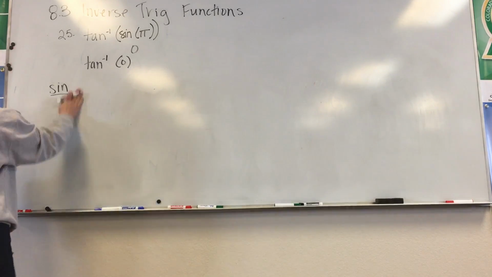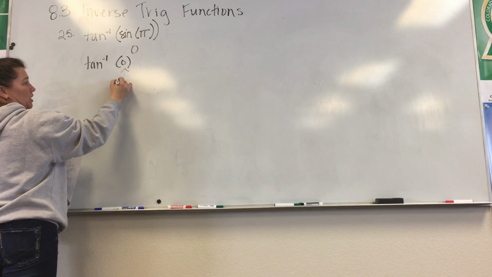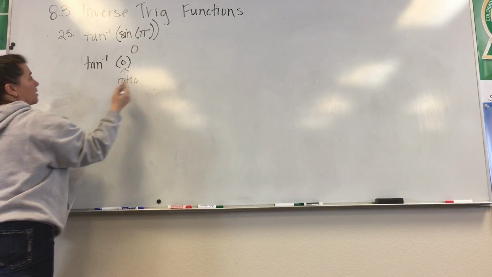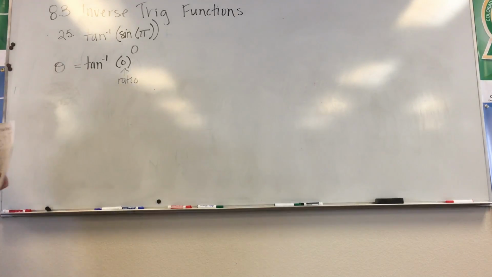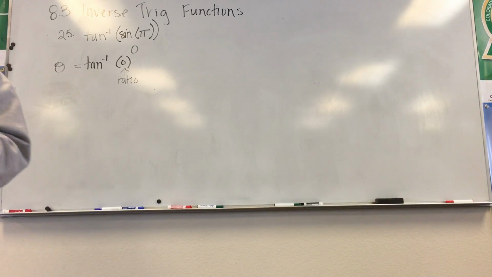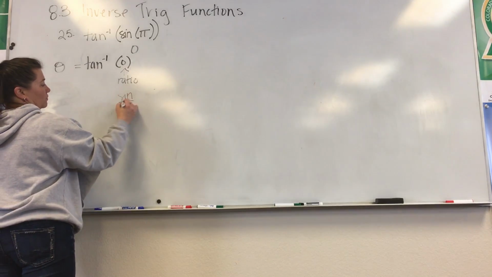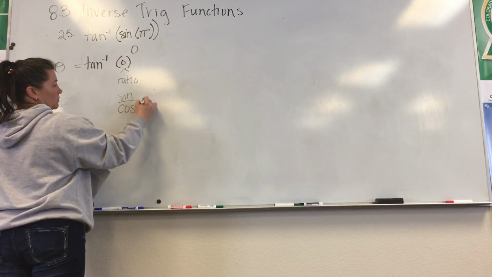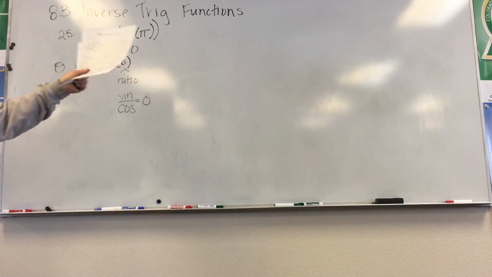So remember, the inverse tangent, this is the ratio. The answer is going to be an angle. So at what angle do we have a ratio of sine over cosine equaling 0? Because we need this ratio to be 0. 180 degrees.